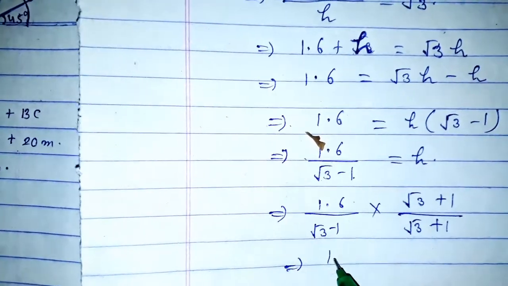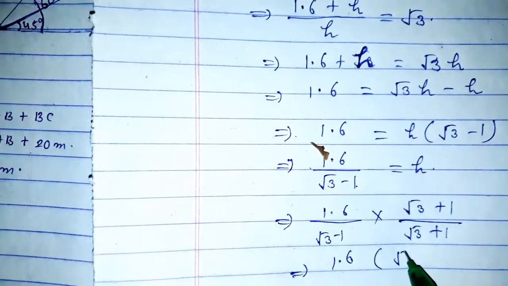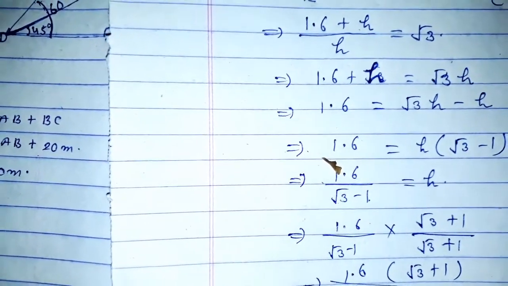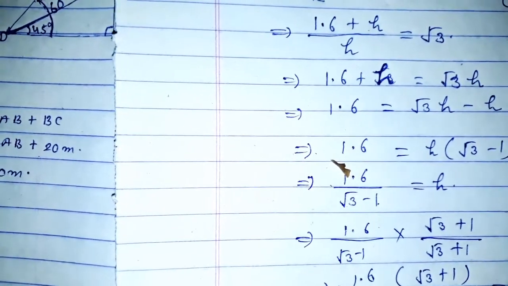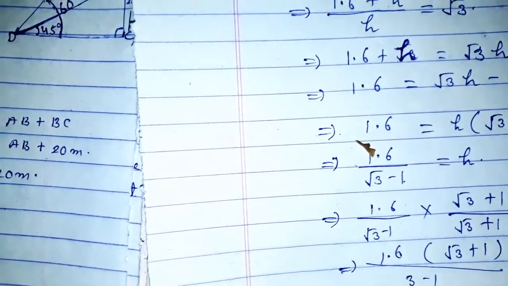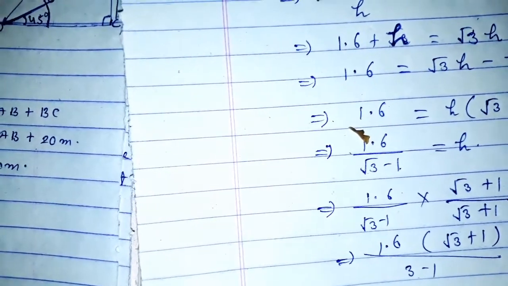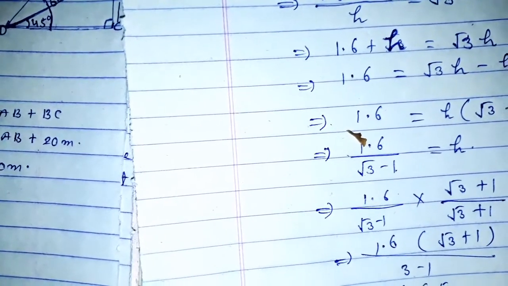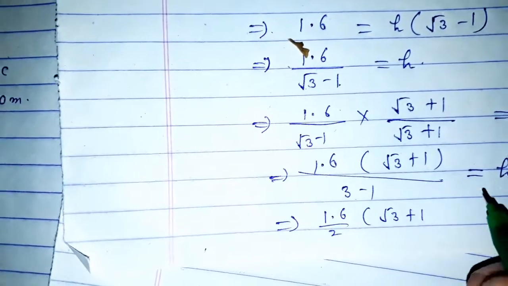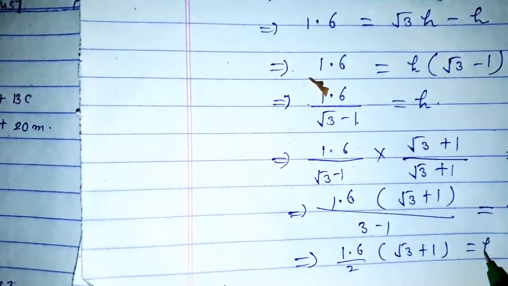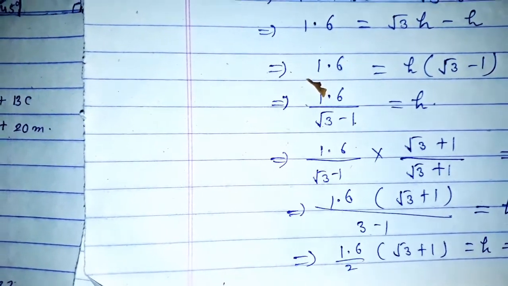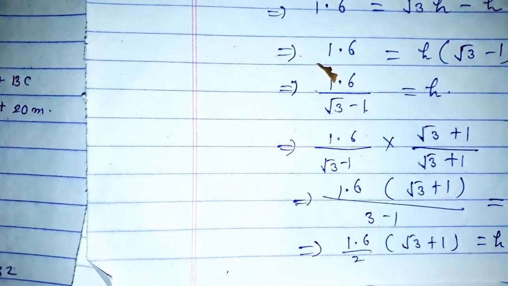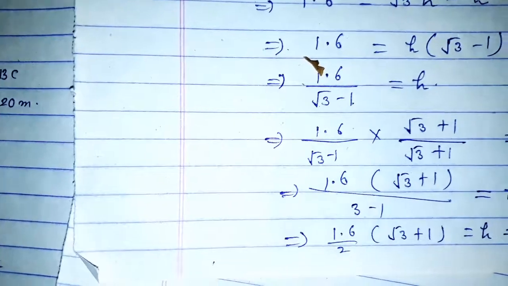So the value is 1.6 bracket root 3 plus 1 upon 3 minus 1 is equal to H. This is 2, so 1.6 upon 2 bracket root 3 plus 1 is equal to H. Imply that H is equal to 0.8 root 3 plus 1.